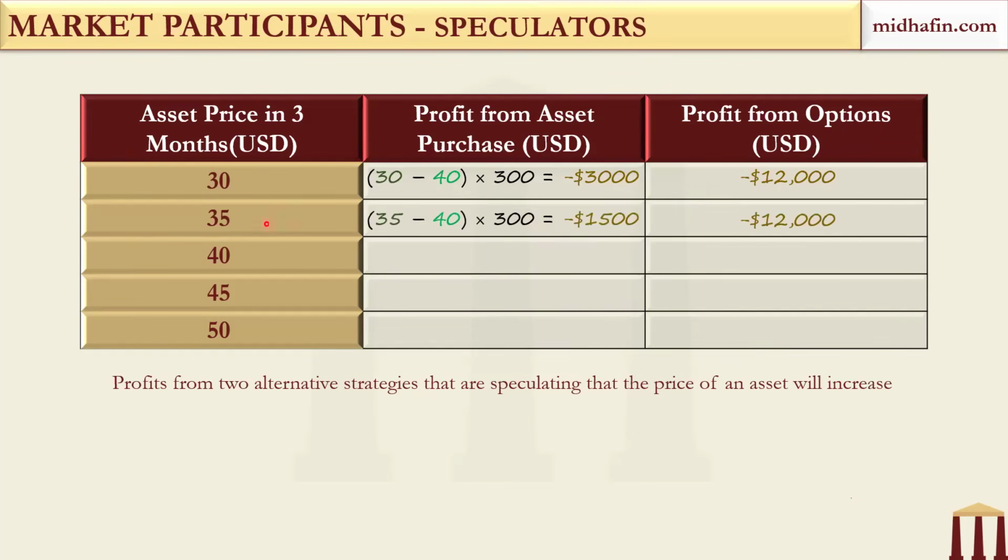Okay, so you can see for 35 also, when the asset price is 35, the profit from the asset is negative 1,500. But for options, it is negative 12,000 again, 8 times the loss. At 40, the profit is 0. And of course, this is an infinite multiple of loss if you see it mathematically. Only when the price of the asset starts going above 42, or I think the initial price was, sorry, 40.